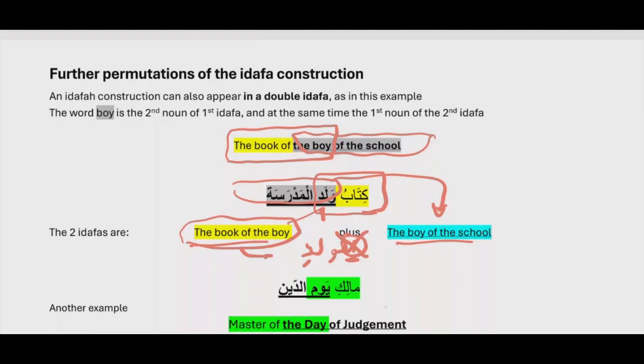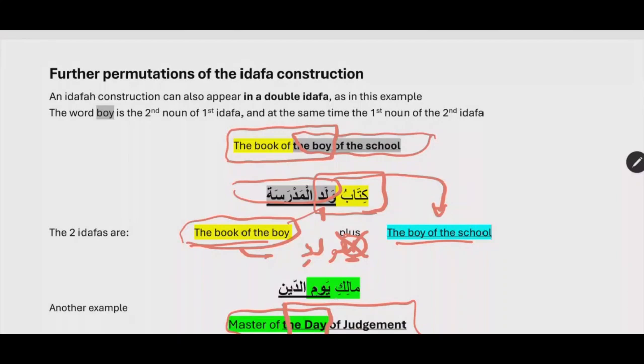Now in Surah Al-Fatiha, we have this example, Maliki Yawmiddin. Again, we have two idafas. Master of the day is one, and the day of judgment is two. So the word day is sandwiched in between the two idafas.